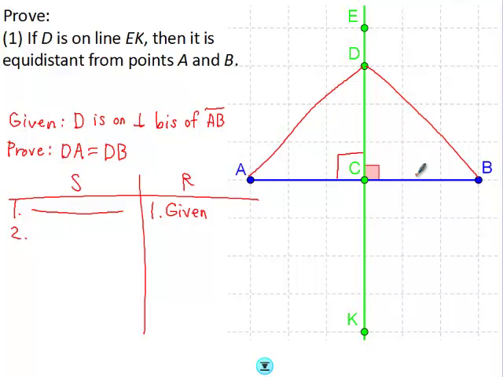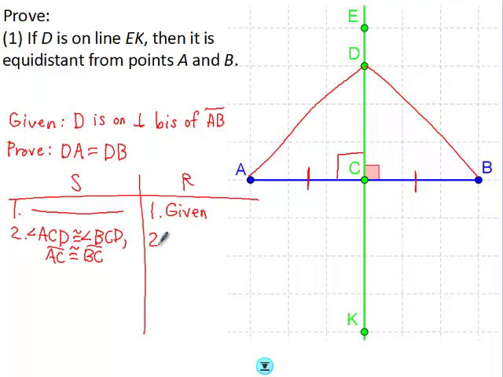Line EK cuts segment AB in half. Each part of that's equal. Okay, so I'm going to make a note of that. I'm going to say that angle ACD is congruent to angle BCD and segment AC is congruent to segment BC.